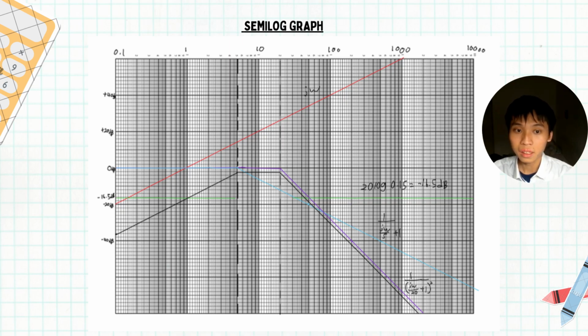The black line starts with a positive 20 dB per decade slope, going up toward 0. When omega reaches 5, the first pole pulls it down by negative 20 dB per decade.